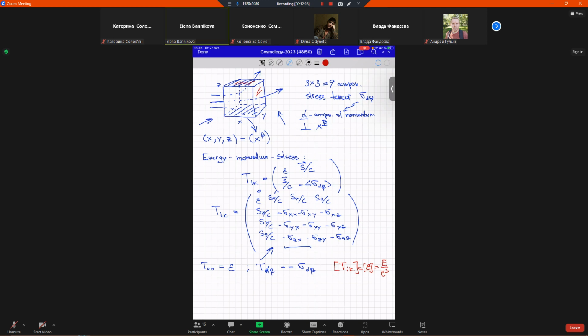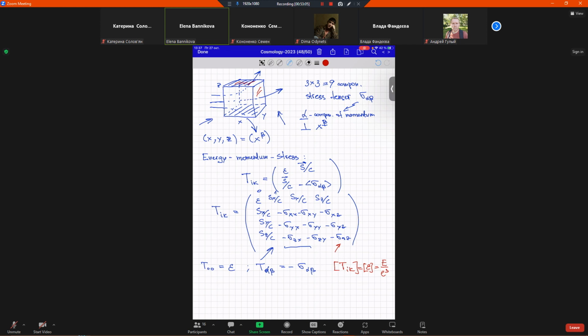In principle, this, for example, can be the dimension of pressure. We will see when we apply it in some special case, for example, when we speak about the representation of the energy-momentum tensor for models of the universe and the distribution of matter in the universe.